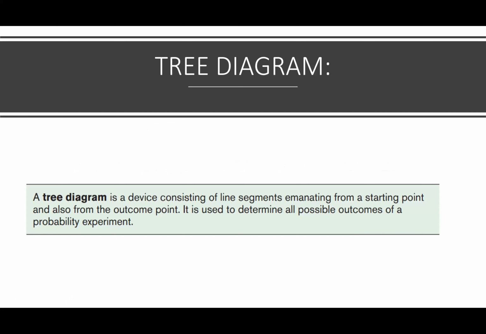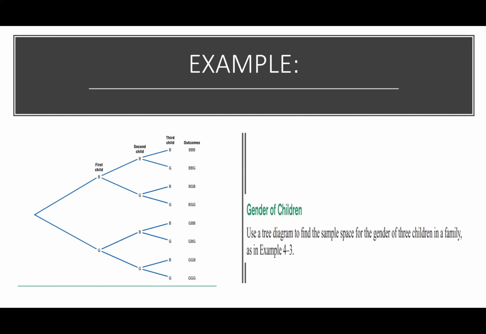Tree diagram. A tree diagram is a device consisting of line segments emanating from a starting point and also from each outcome point. It is used to determine all possible outcomes of a probability experiment. As you can see in this example, we are using a tree diagram to find the sample space for the gender of 3 children in a family.